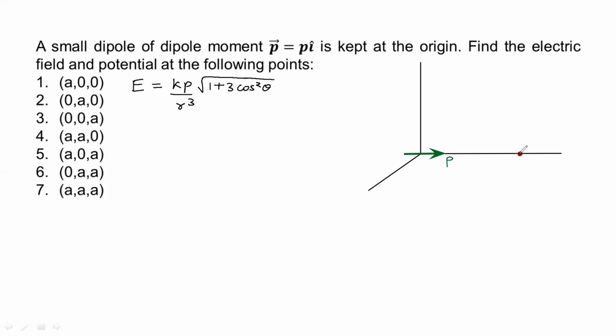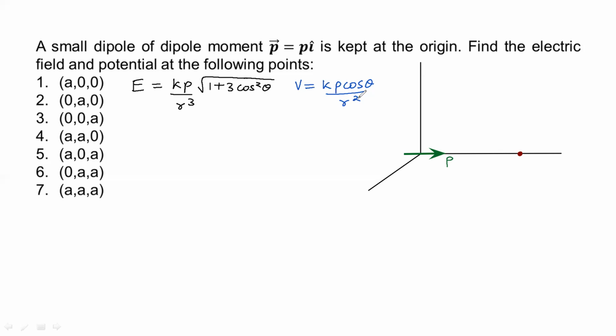Okay, so here first, in the first case, you can see that theta is 0, as the position vector is parallel to p. And r is a because this distance is a. And also, we are supposed to write the potential as well. So what is the formula for potential? It is Kp cos theta by r square.